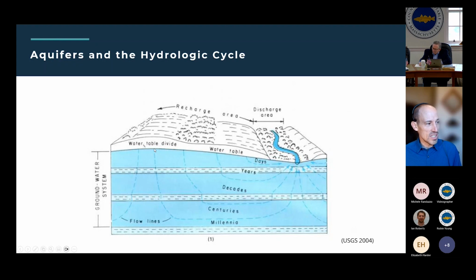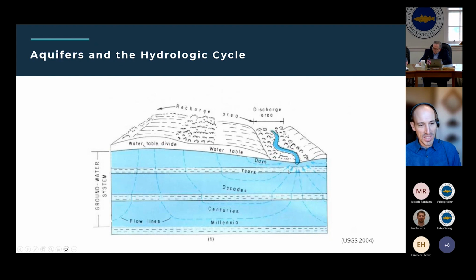And you can see it shows the pathway that water can take once it enters the aquifer. That's shown by these dashed lines that start traveling downward, and then they deflect and can move laterally.